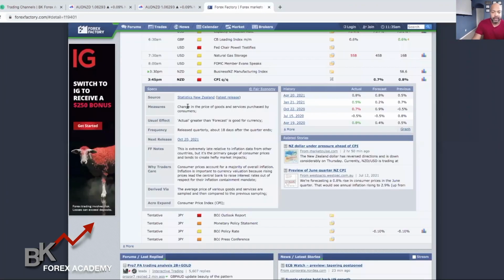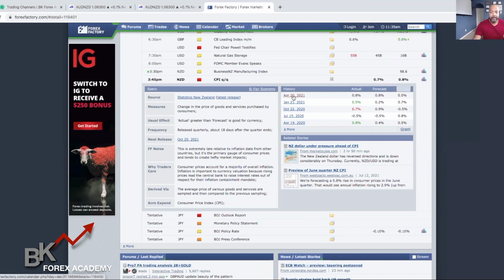But what we really want to look at is the measures. It says change in the price of goods and services purchased by consumers. So when goods and services are impacted, it's going to impact the Forex market. Okay. Usually, actual greater than forecast is good for the currency. It gives us the actual, it gives us the forecast, so what they predicted, and then the previous.